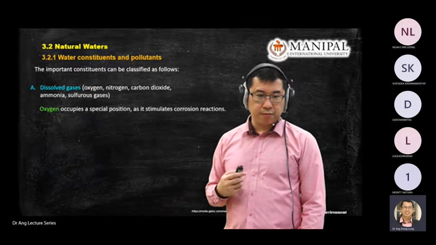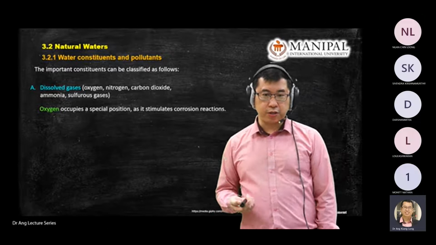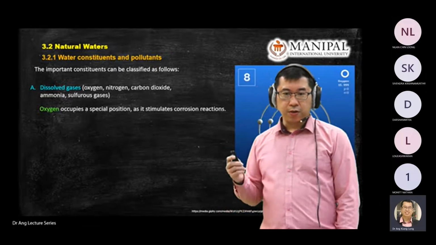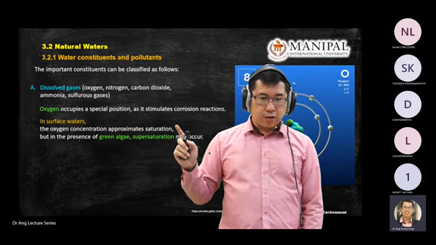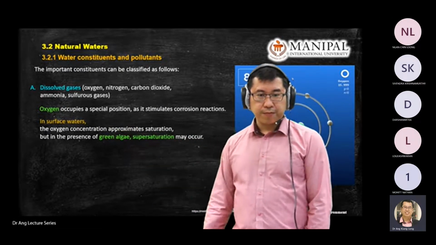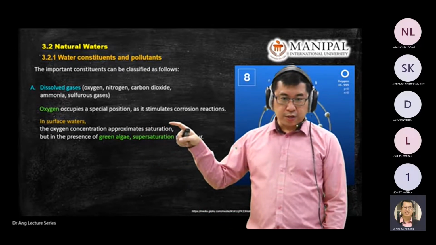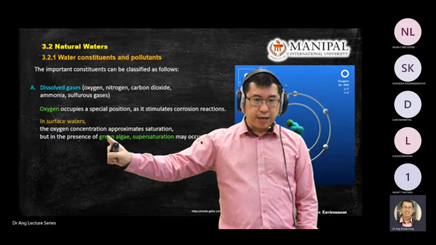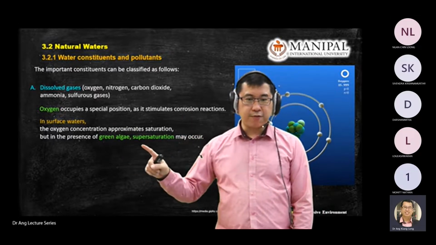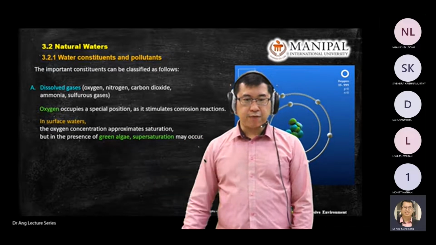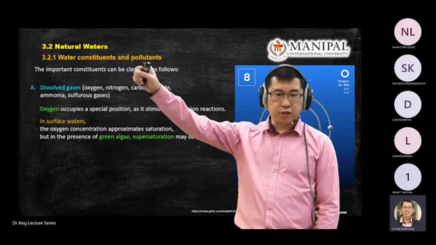Under gases, in most cases the start of corrosion will be oxygen, right? Oxygen concentration contributes to the saturation, and the concentration in the water you can see from the appearance of green algae on the surface or in the water, in natural water.